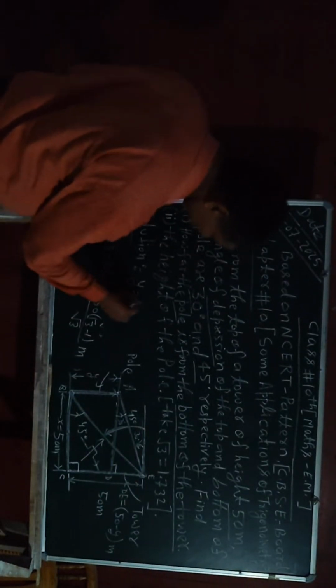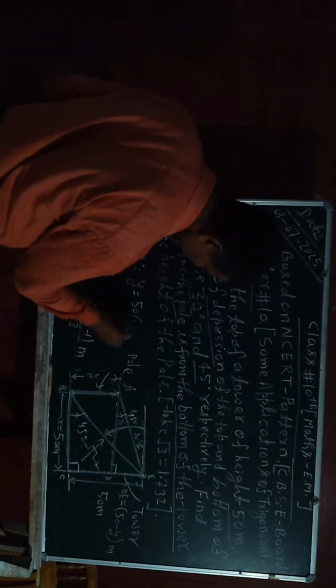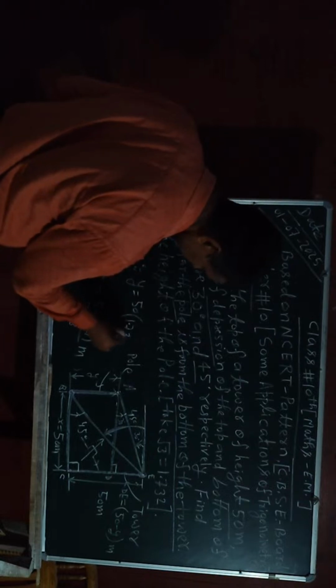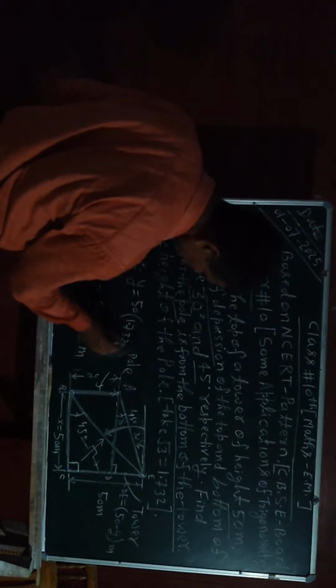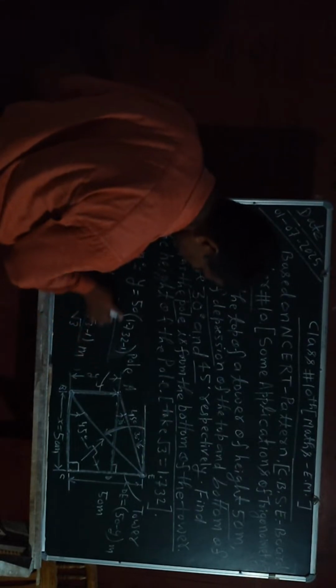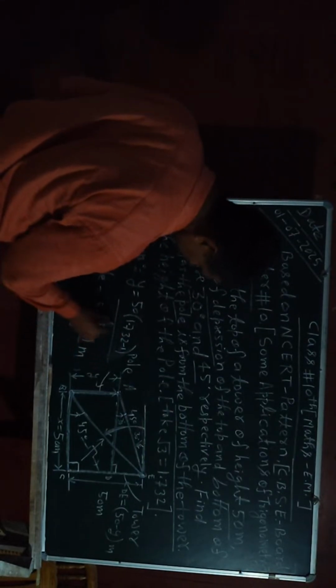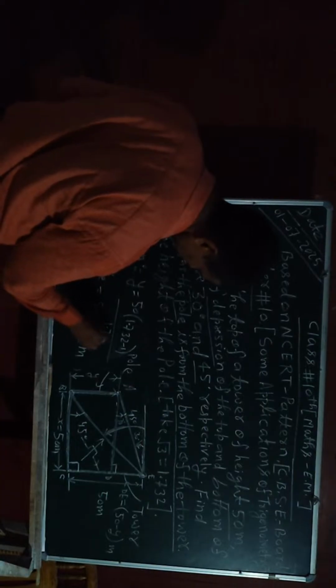So here 50, and in the bracket I have to put, in the place of root 3, 1.732 minus 1, and divided by root 3. In the place of root 3 I can also put 1.732. Further I will simplify. After simplifying I will get this value.